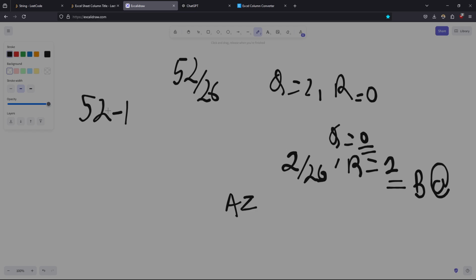Each time we get a number, we subtract it by 1. Then it becomes 51. Then the quotient will be 1 and remainder only 25.